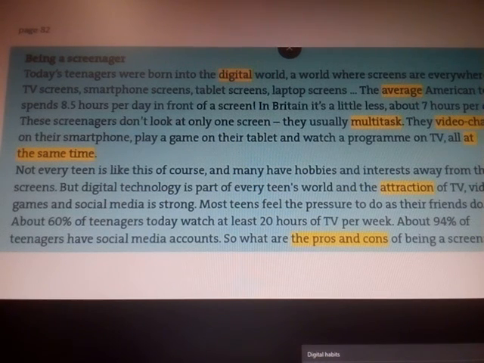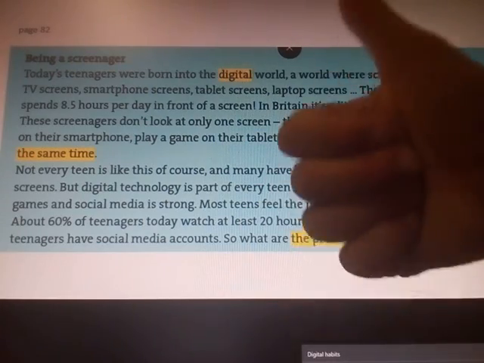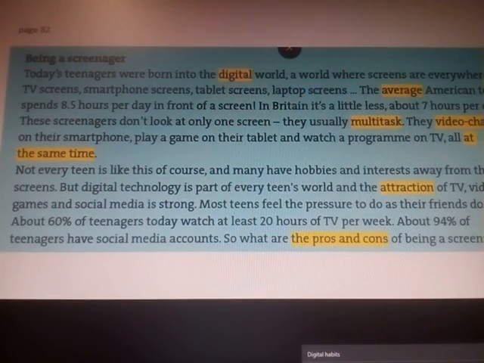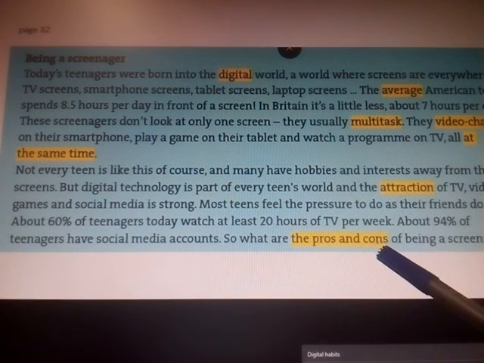Attraction, more or less the same as in German. We know that. And we've talked about pros and cons. So pros is always that and cons is that. So pro is a plus, con is a minus. I like, I don't like, good, bad, something like that. So this is our text.